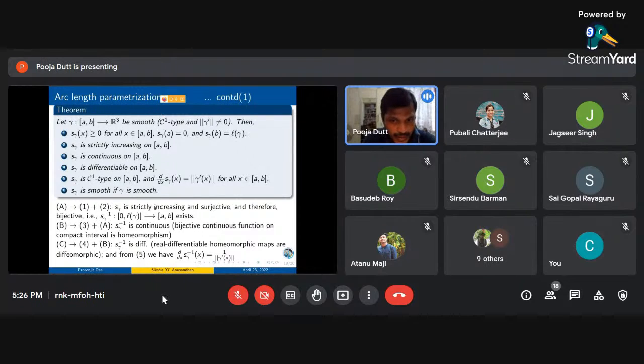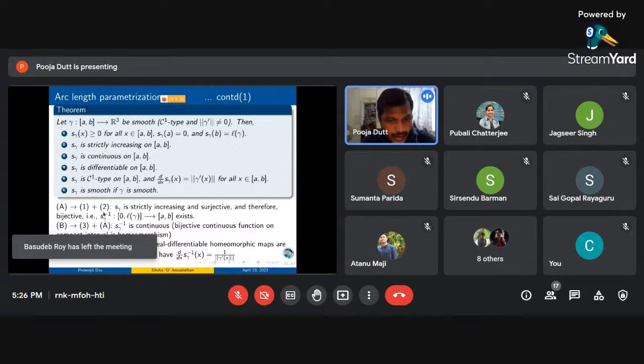Because S gamma is strictly increasing and surjective, S gamma inverse exists. Continuity of S gamma inverse is confirmed by the bijectivity of the S gamma function, which is defined on the compact interval, and differentiability is also ensured by the differentiability of S gamma.